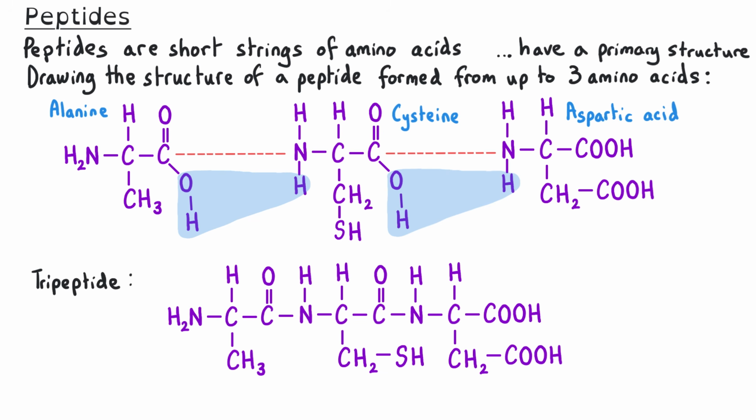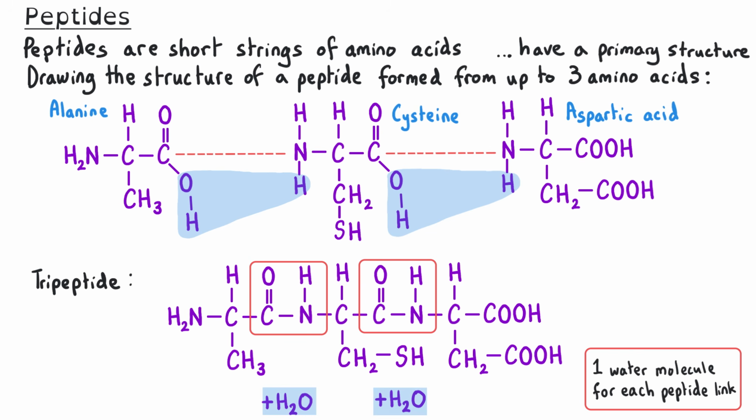And the tripeptide that we produce would look like this, and because we've combined 3 amino acids together, we will have 2 peptide links inside this peptide, and for each peptide link that we form, we will produce 1 molecule of water.